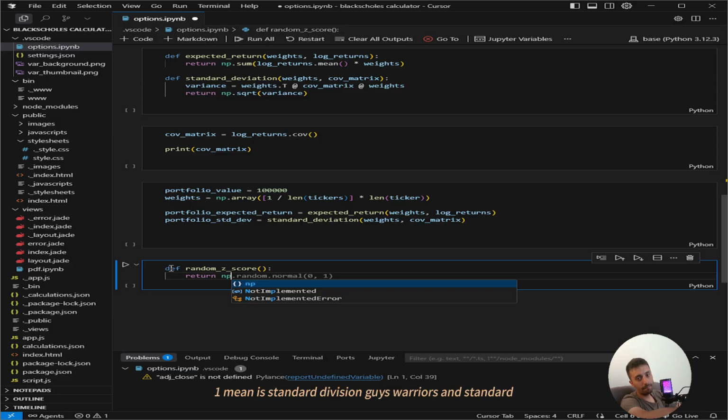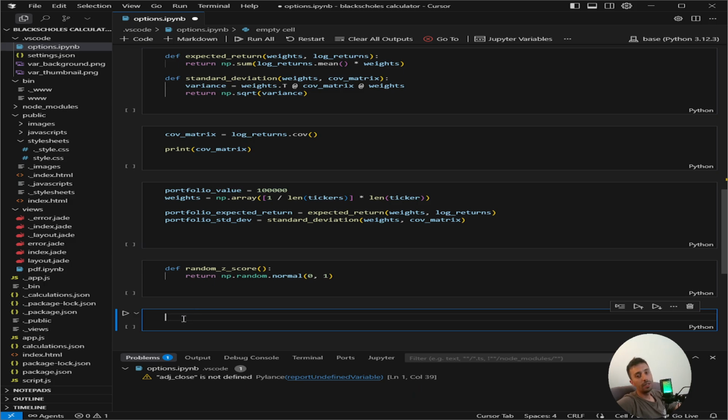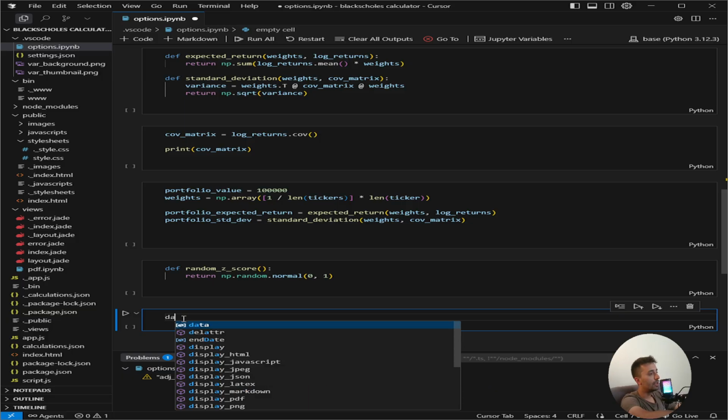One is the standard deviation, guys. Variance and standard deviation. Why? Because the normal distribution assumes zero mean and one standard deviation, guys.